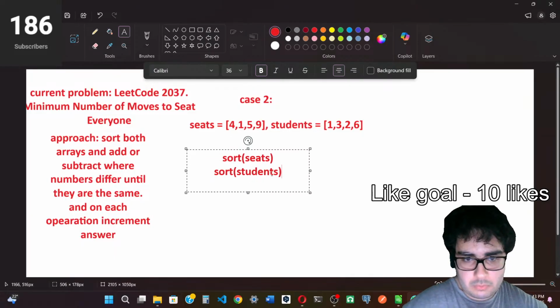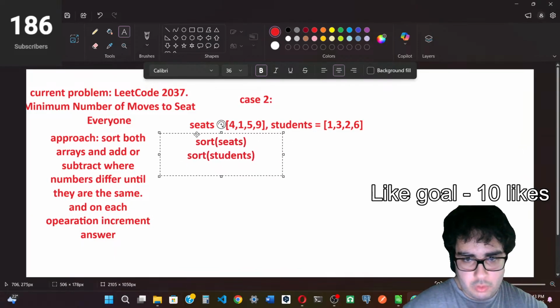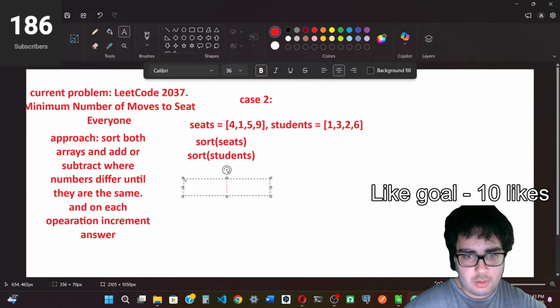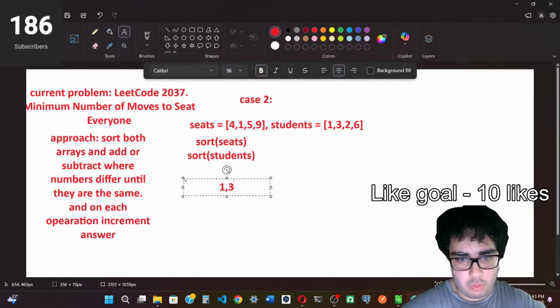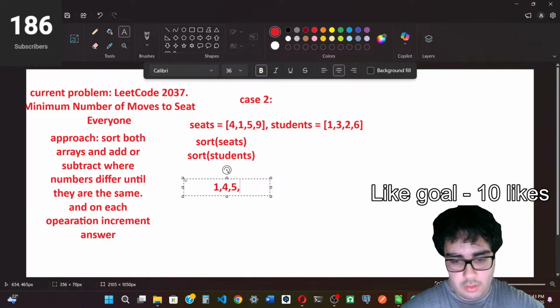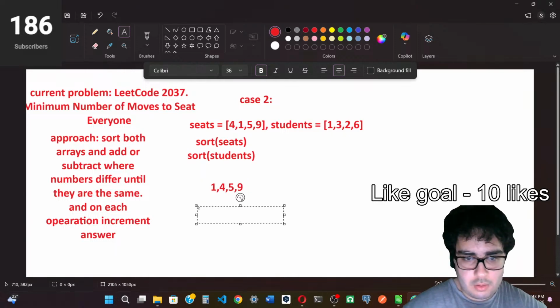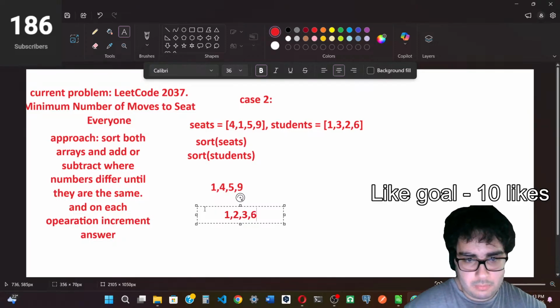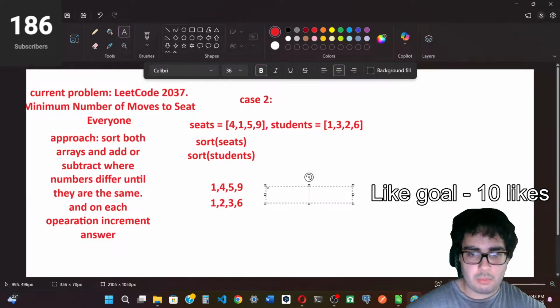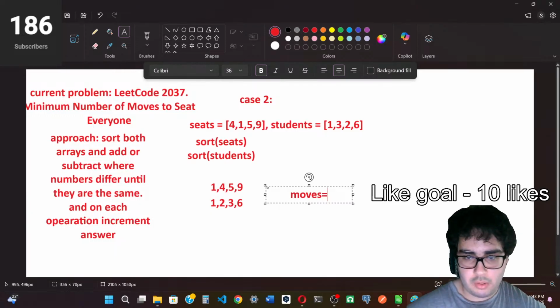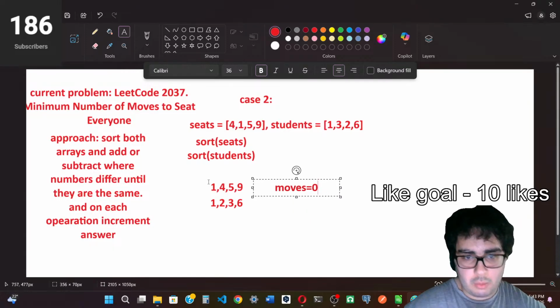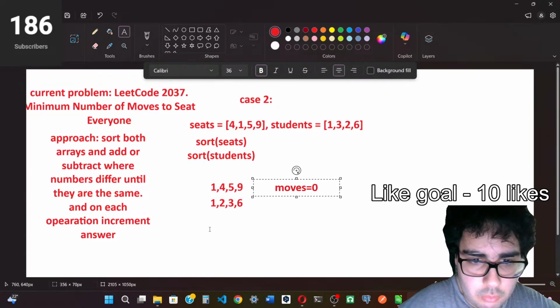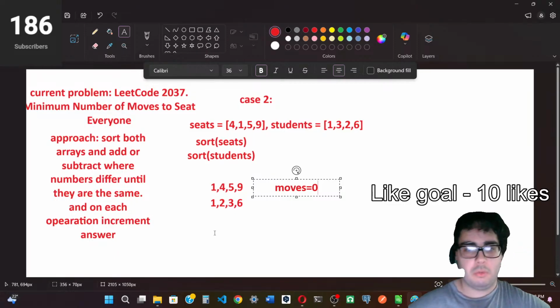Okay, and then afterwards we're going to get 1 4 4 5 9 and 1 2 3 6. Okay, so our moves is going to be equal to 0 initially, and then we see that 1 and 1 we don't need to do any moves right here.